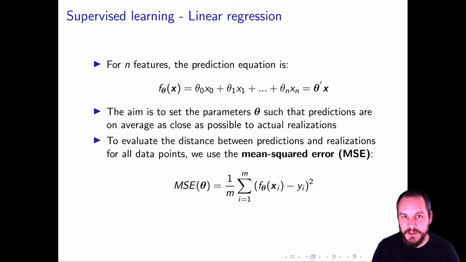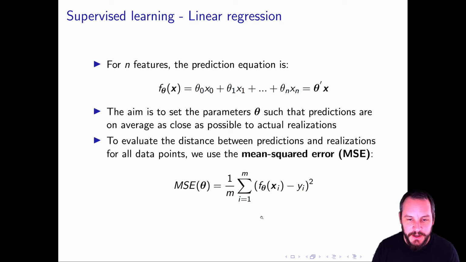It's also possible, of course, to use the sum of absolute deviations in order to get the feedback if we have target predictions which are close to actual realizations or not. But anyway, for a single observation, the higher this value is, the further away our prediction is from the actual realization. So this is what I mean by a loss function and what I mean with feedback, all right?